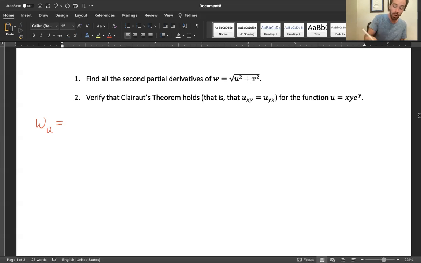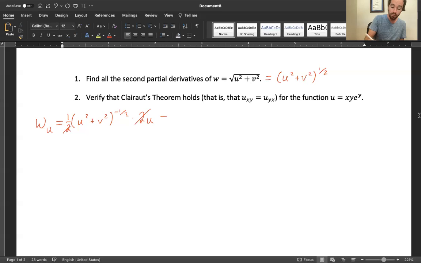For computation, it's going to be convenient to think of this as u squared plus v squared to the 1/2, for obvious reasons. Power rule, right? So the partial derivative with respect to u would be u squared plus v squared to the negative 1/2, times positive 1/2, and that's the derivative of the outside, times 2u.